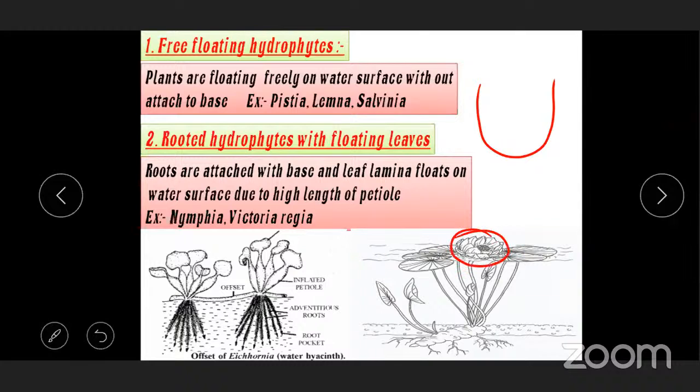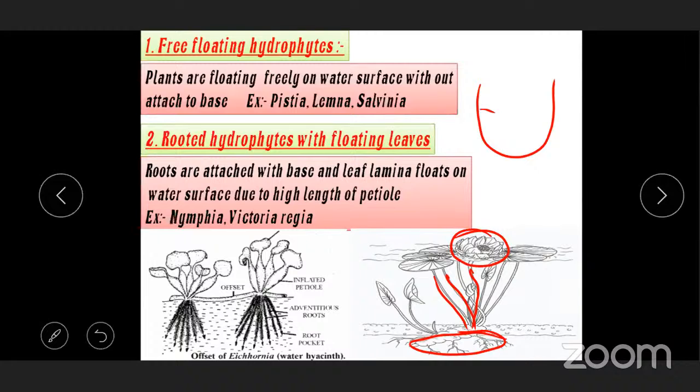The leaf lamina is clearly present on the surface of water, but the roots are attached with the base because of the high length of petiole.